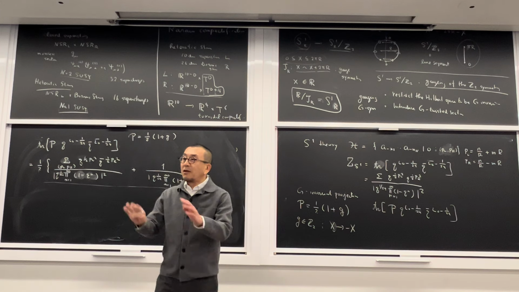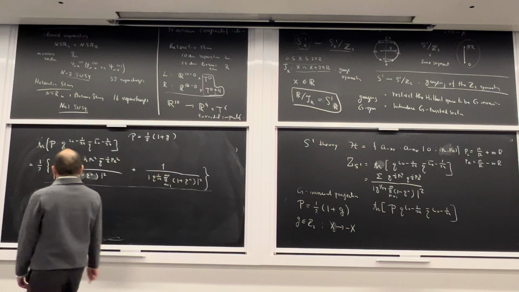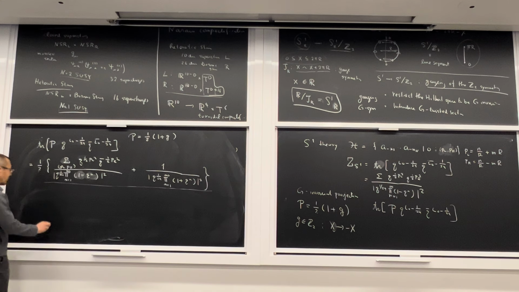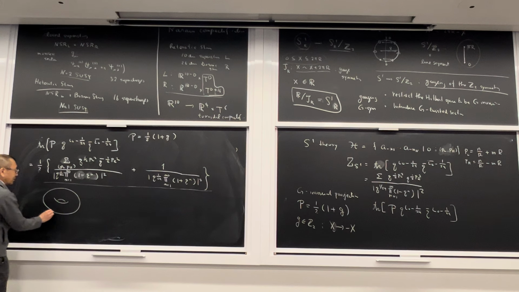However, this is not modular invariant. You can easily see why this is not modular invariant in the following sense. If you consider a partition function as calculating an amplitude on a torus, where in this direction you are going tau, and in this direction you are going 2 pi, and here you have 2 pi tau.